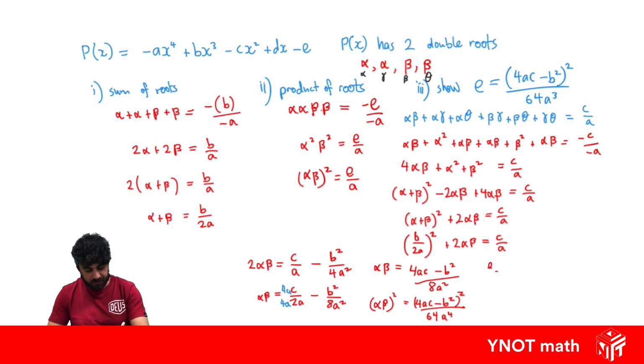So we're going to get E over A equaling 4AC minus B squared all squared over 64A to the 4. Times both sides by A, and what's going to happen is that's going to cancel with that and become cubed. And we've successfully showed that E equals 4AC minus B squared all squared over 64A cubed.